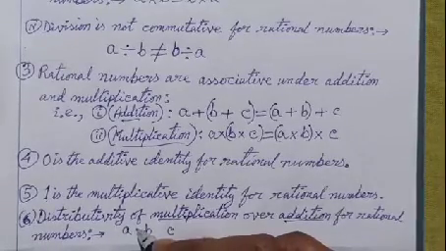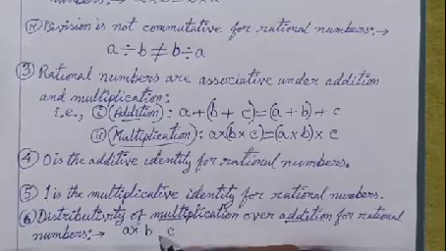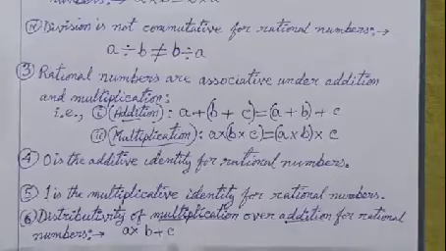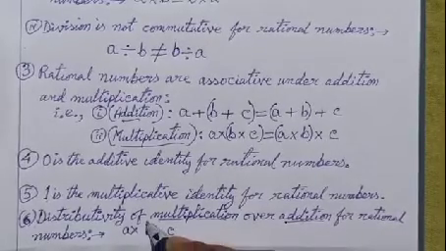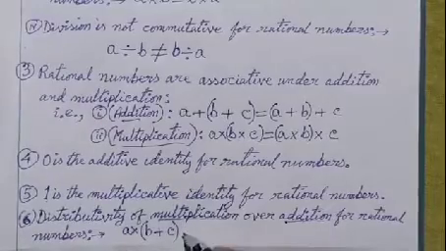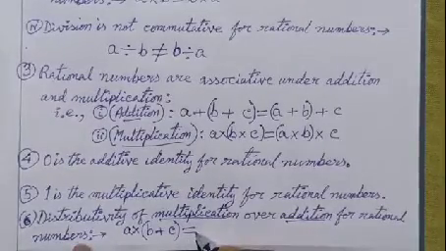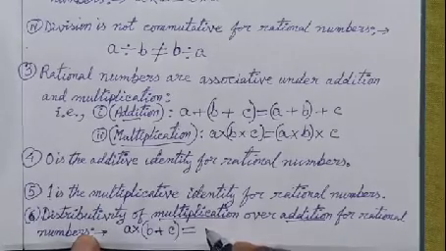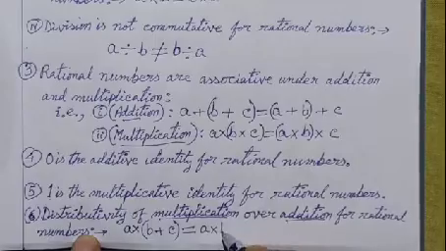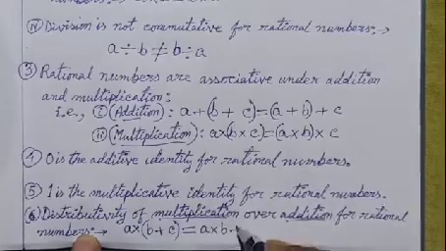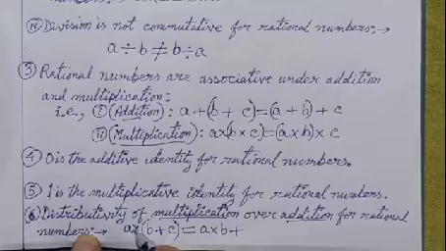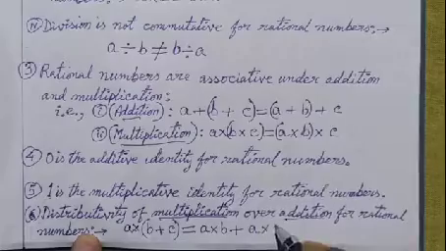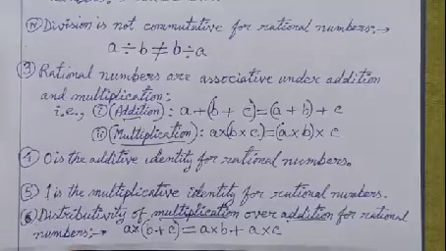So a into, b plus c combined by using a bracket, and this must be equal to, now multiply is distributed over b, that means a into b, then addition sign here, then this multiply sign again distributes to c. So a into c, so these two must be equal.